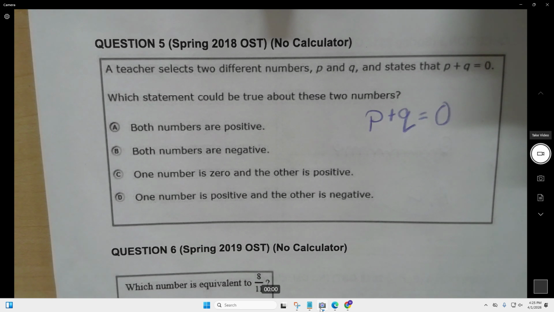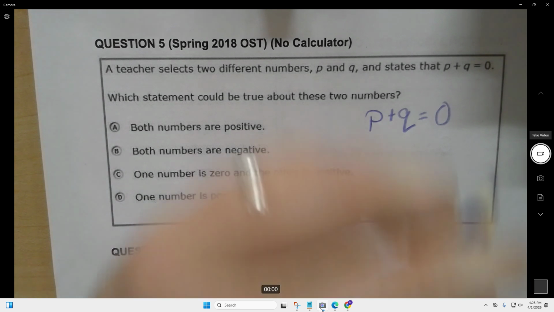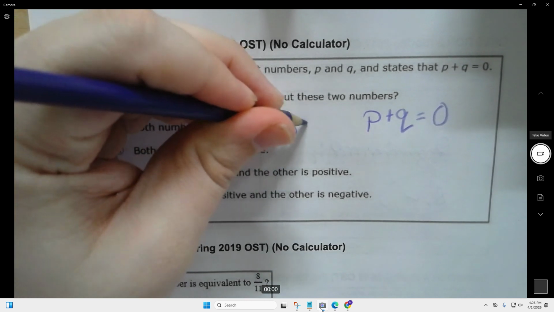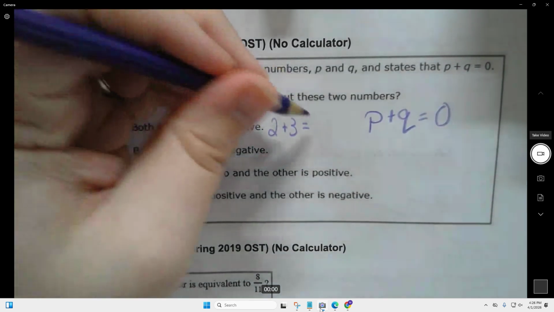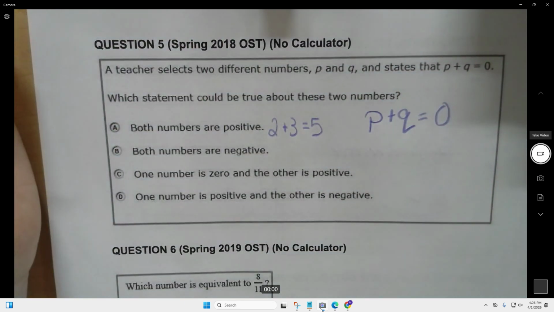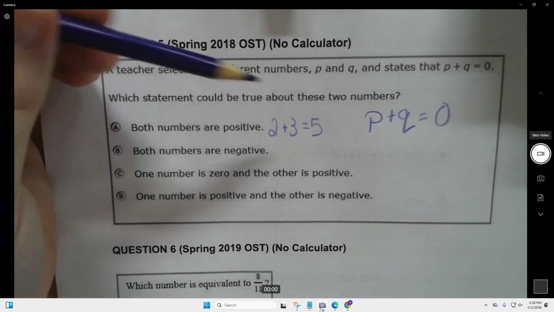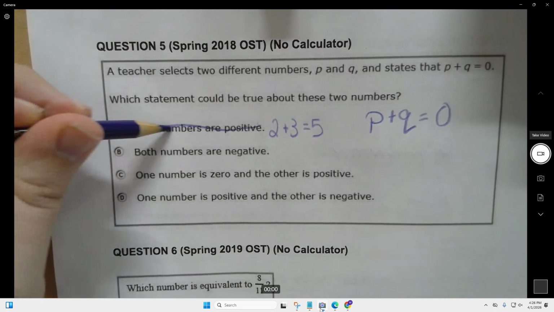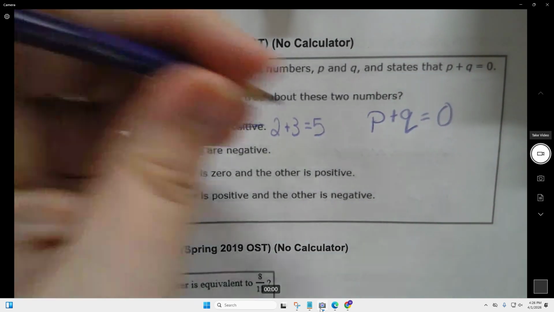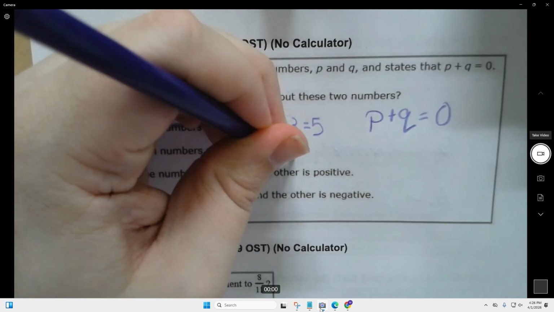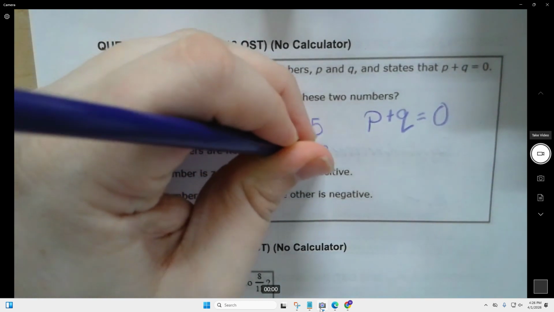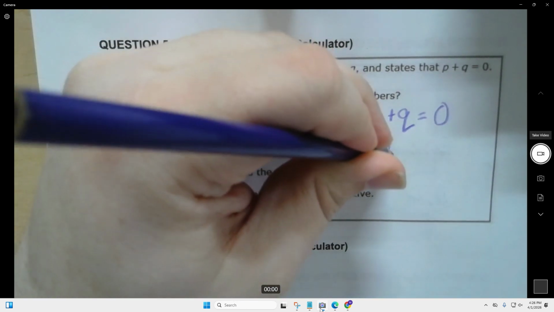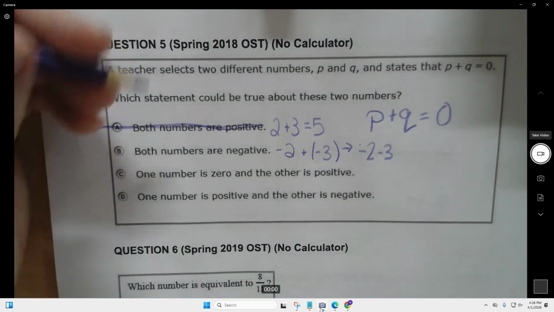Well, if both numbers are positive, let's say you have, I don't know, 2 plus 3, then the final result will be larger than both of them, right? Because you're adding positive numbers. So this can't be A. Both numbers are negative. Same thing. Negative 2 plus negative 3 would be the same as negative 2 minus 3. Your result would be smaller than both numbers.